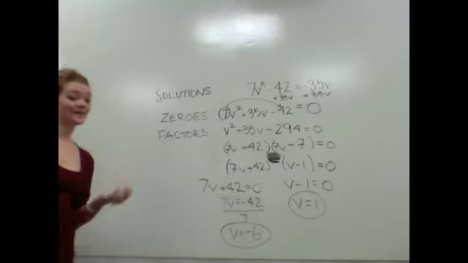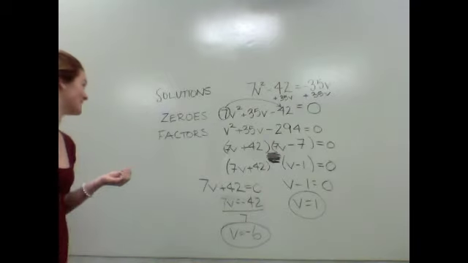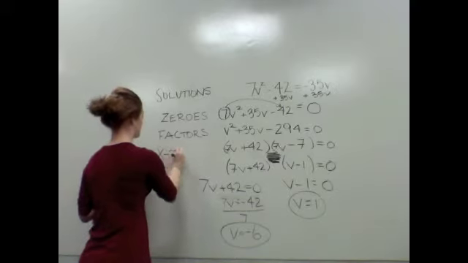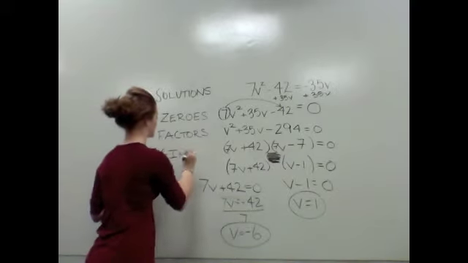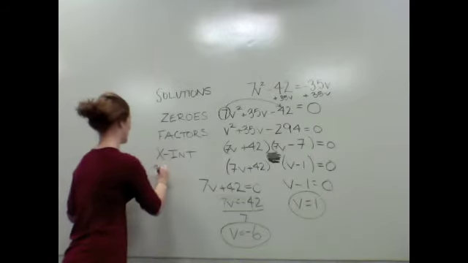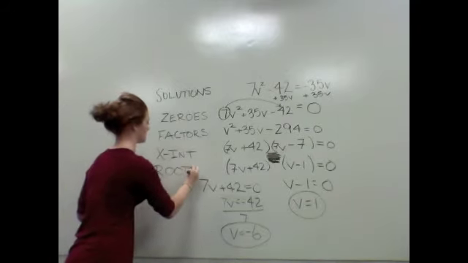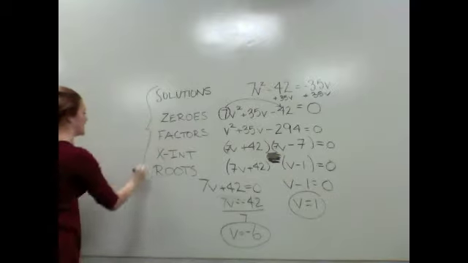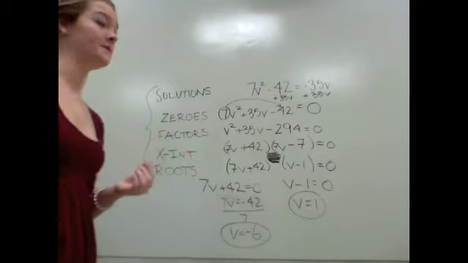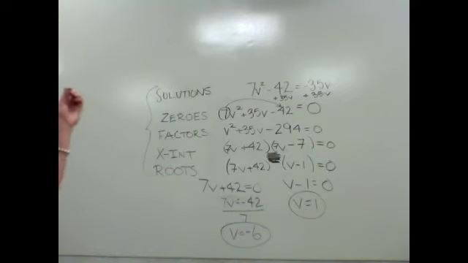You're also going to see them appear when we start to graph, where they're going to become your x-intercepts. And essentially, they are the roots of your quadratic. All of these concepts essentially mean the same thing. For this quadratic, negative 6 and 1 are the x-intercepts, the roots, the zeros, the factors, the solutions. I think I said them all.